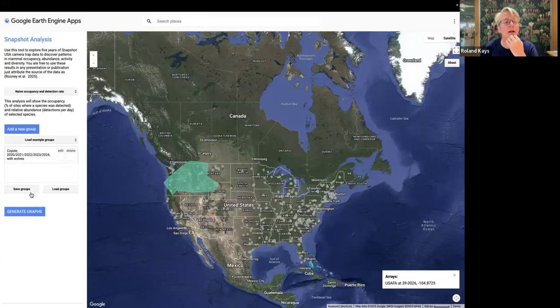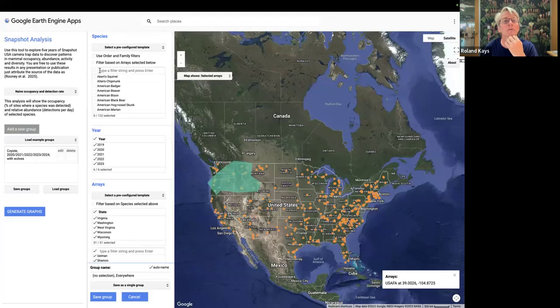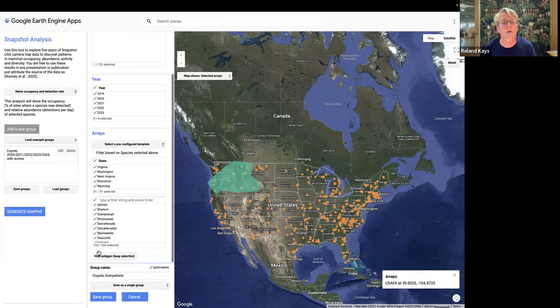Now let's add a new group, and we're going to just do coyotes. We're going to go back down. We're going to hide polygon and make a new one. And I'm just going to select the similar area.